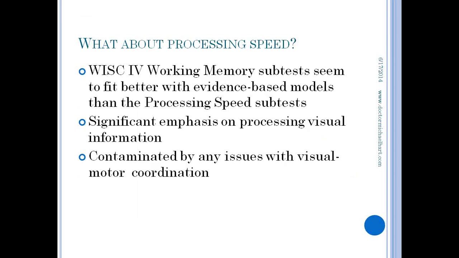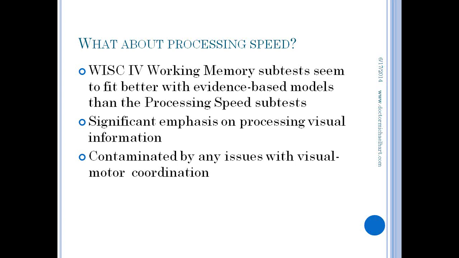Now, what about processing speed? You know, I really stared this down quite a bit for several hours before I came to these conclusions that the WISC IV working memory subtests really seem to fit better with the evidence-based models that we have than the processing speed subtests, because the processing speed is so hard to parse out.